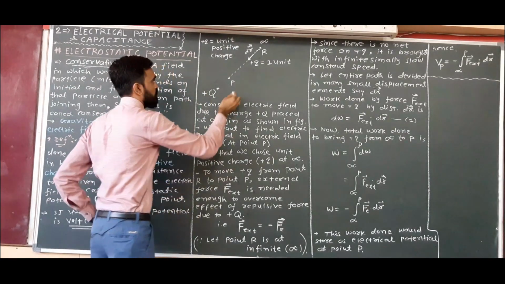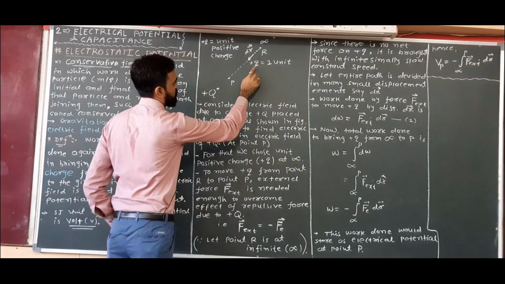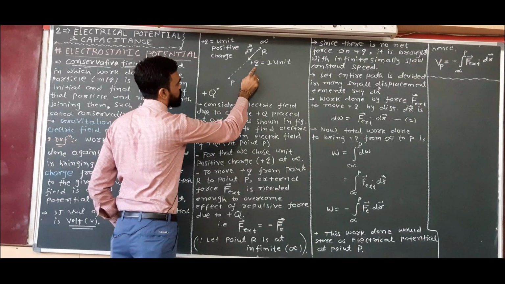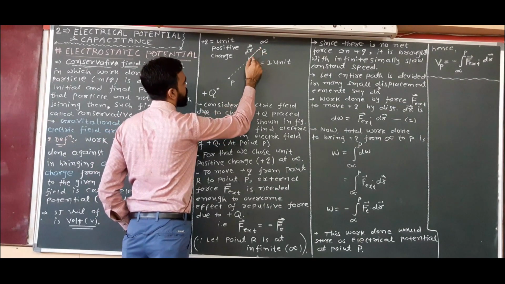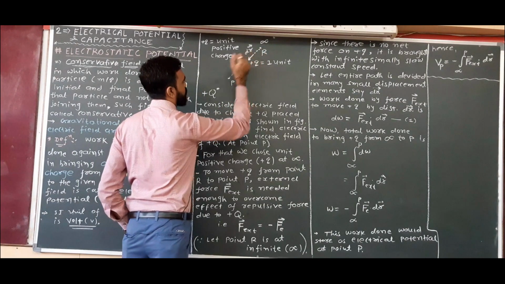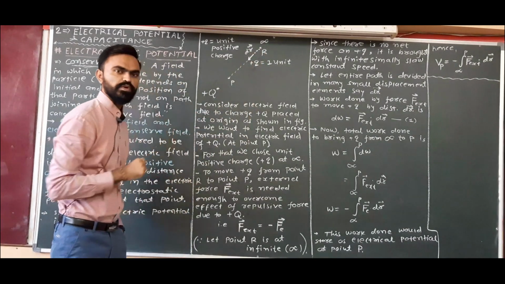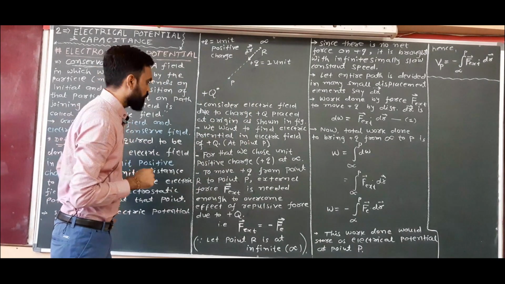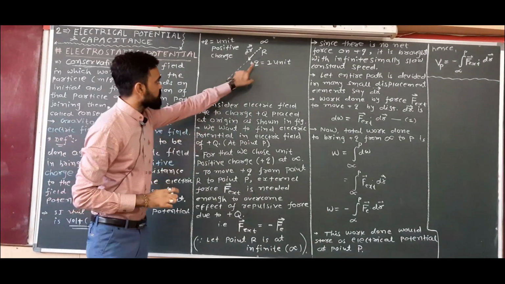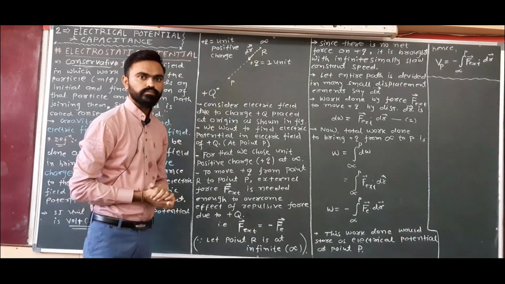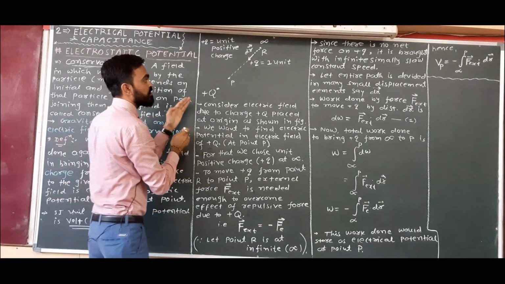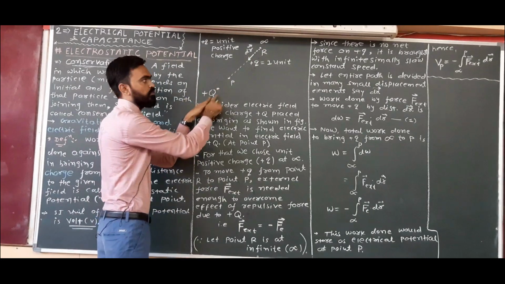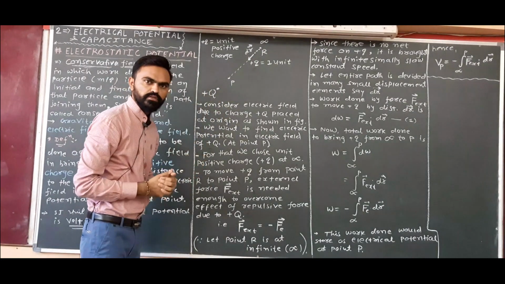I want to first move this charge q from infinity to a point P having a distance dr. Let this be the displacement here. When you move this charge towards the positive charge, you have to push it to overcome the repulsive force of the source charge. Why? Because again, both are positive.